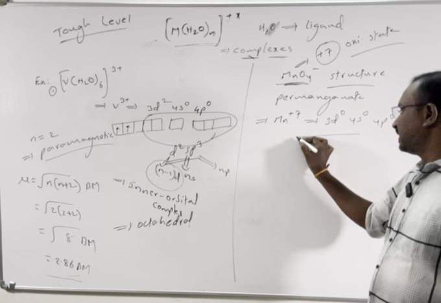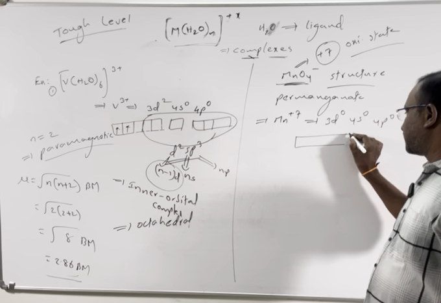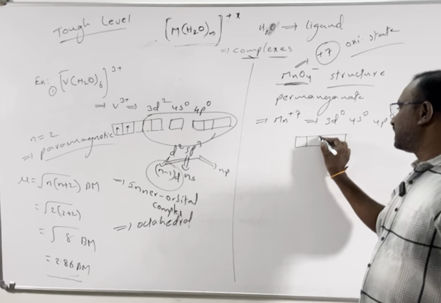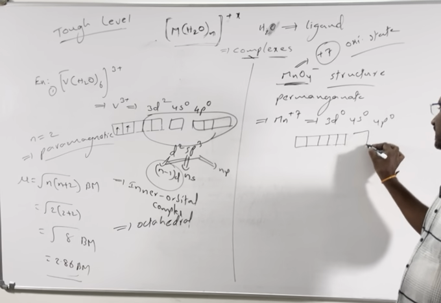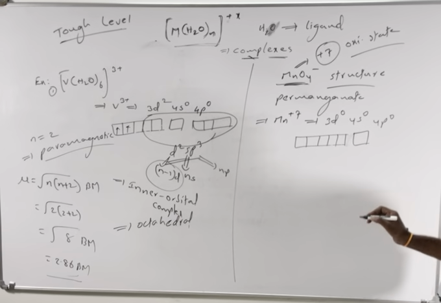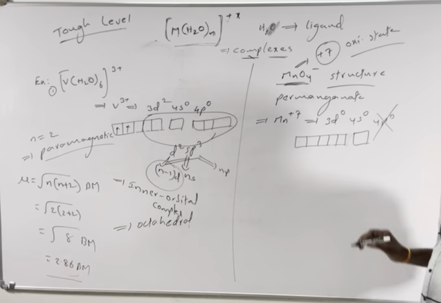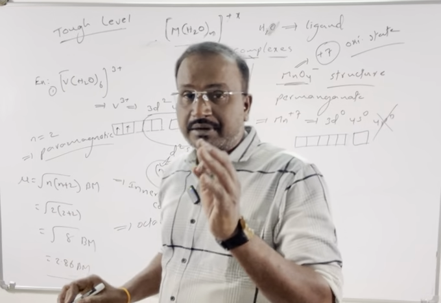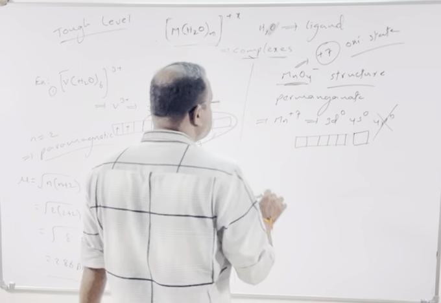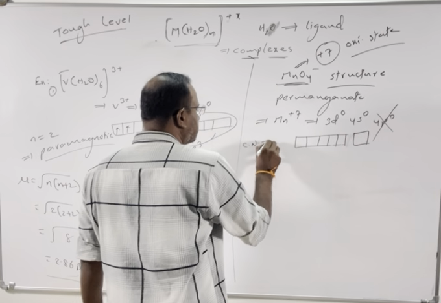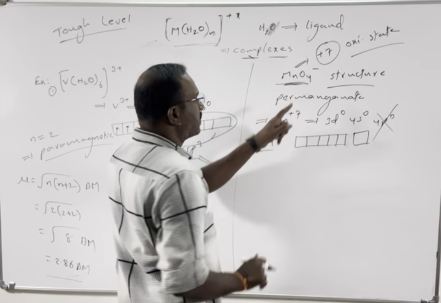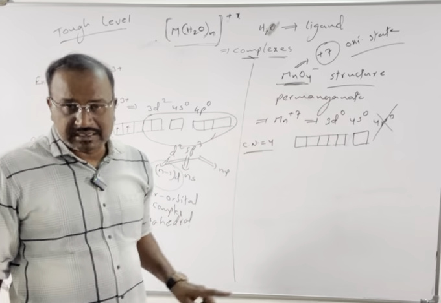After that, if you see the orbital structure, 3d is empty, 4s is empty. Remember, 4p orbitals do not get involved in hybridization. Its coordination number is 4. Why? Because 4 oxygen atoms are there in this case.